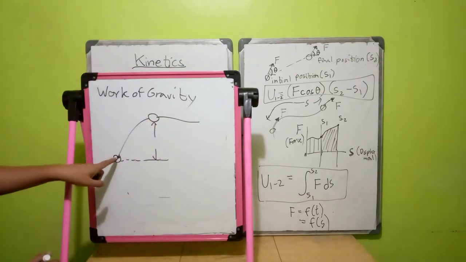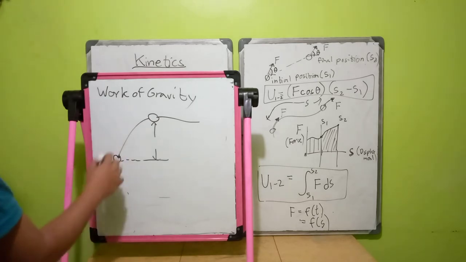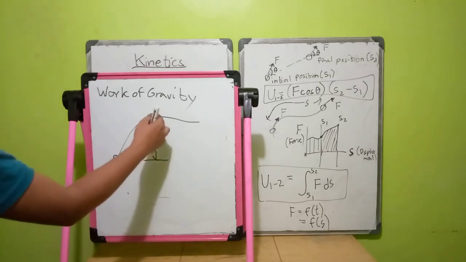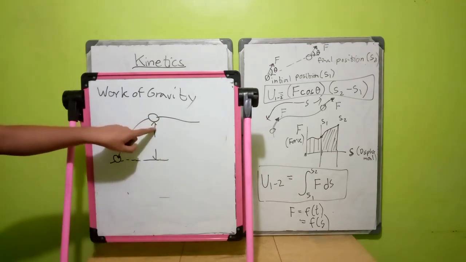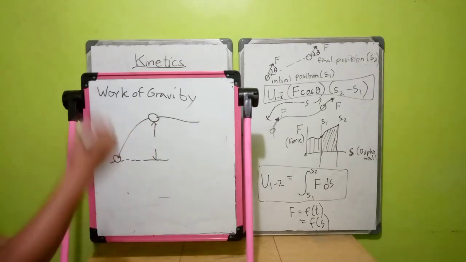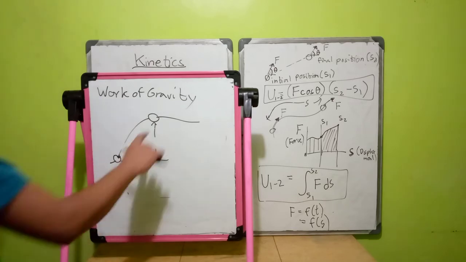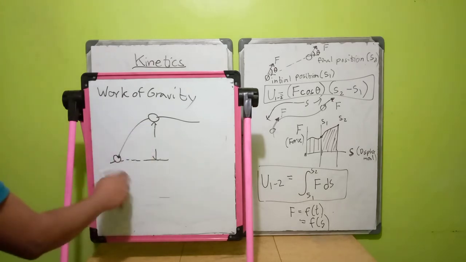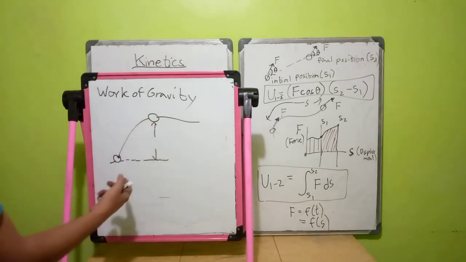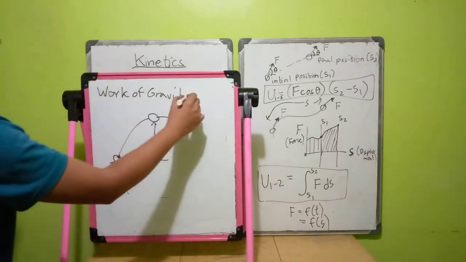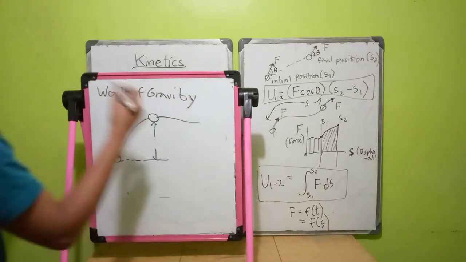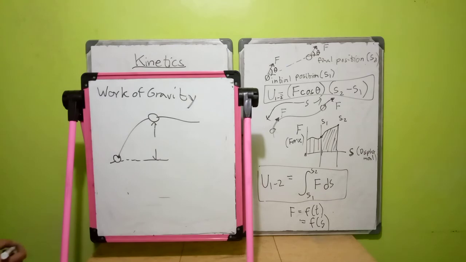If its initial position is this and you have a final position on this axis, because of a change in elevation, or change of position relative to the y-axis, there will be what we call work of gravity.